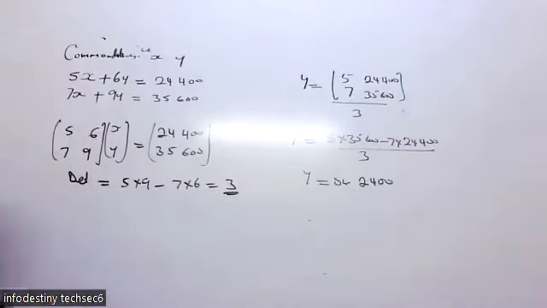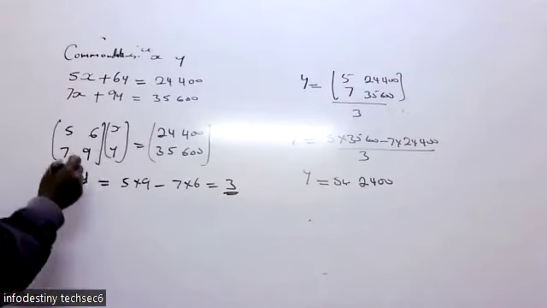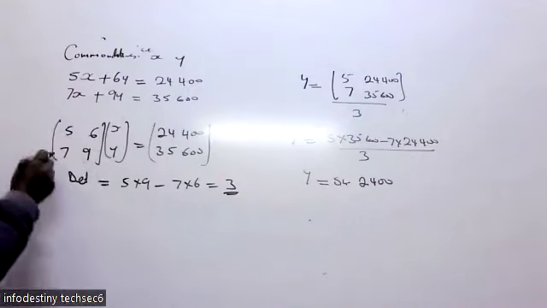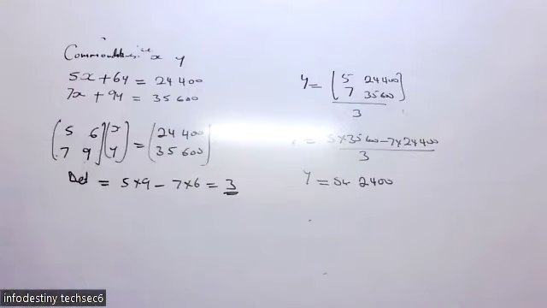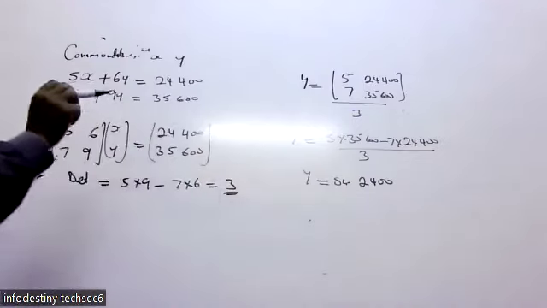So already we have the determinant. So when I do the inverse method, our next step, now we must find the inverse. So how do we get the inverse of this particular original matrix? We interchange the primary diagonal, and then we multiply the secondary diagonal by negative 1, and then we multiply by the inverse of the determinant.